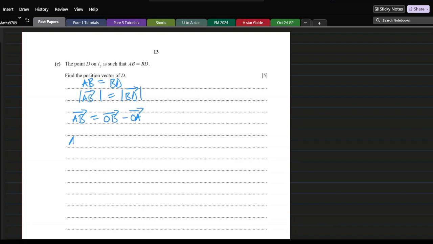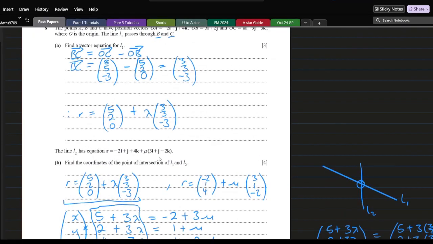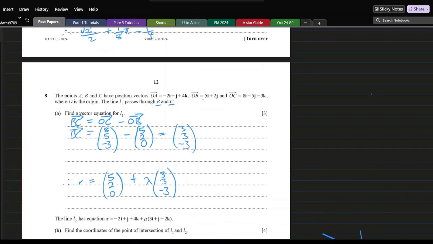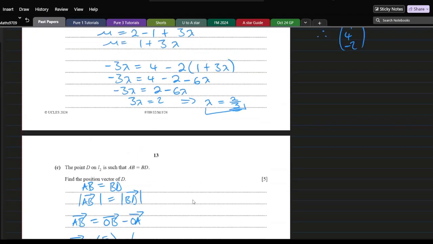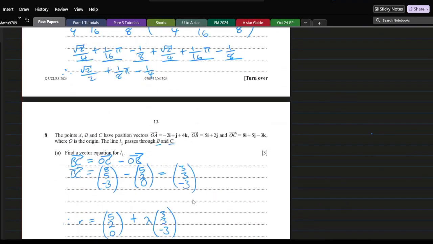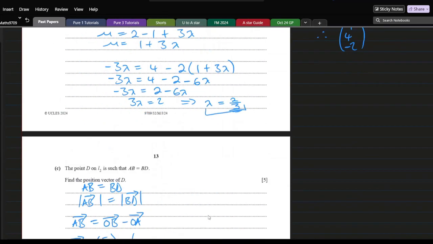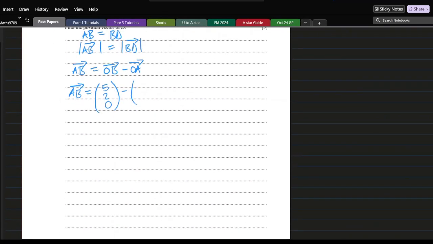So AB should be equal to, what is OB? Our OB is (5, 2, 0) minus our OA. Our OA is (-2, 1, 4).